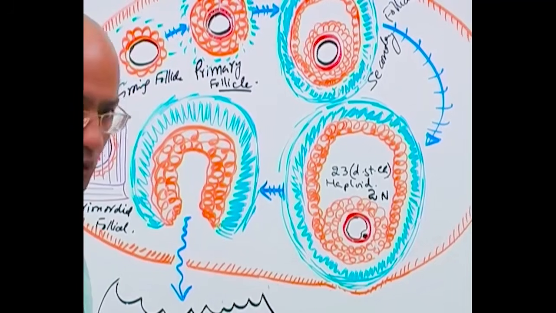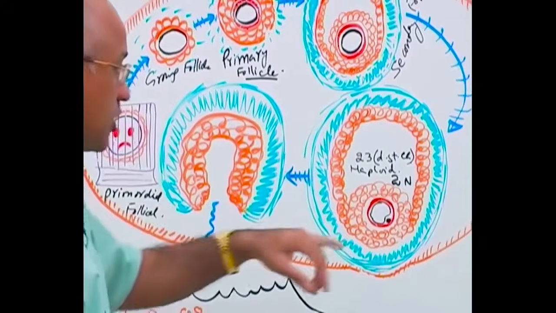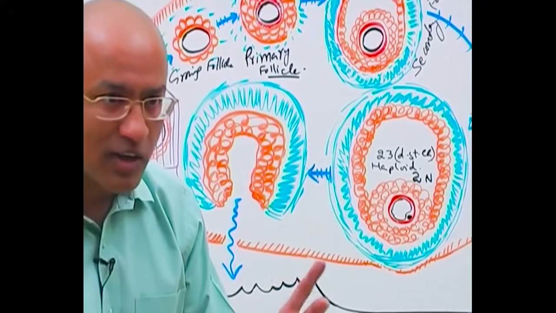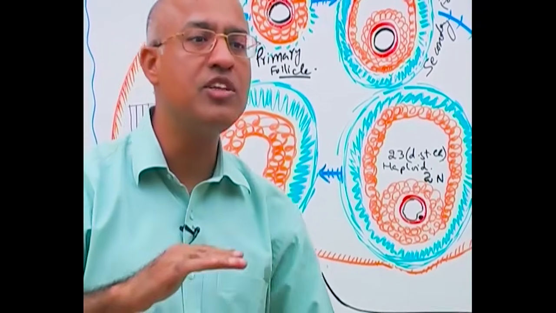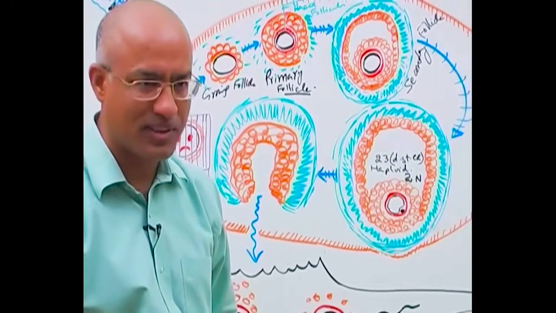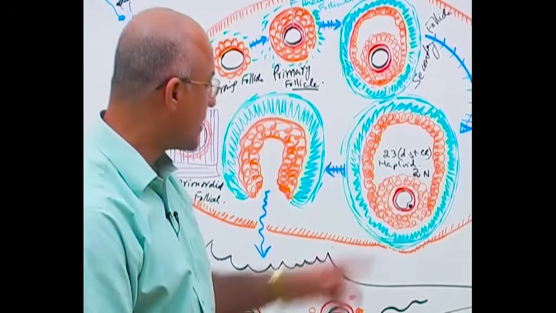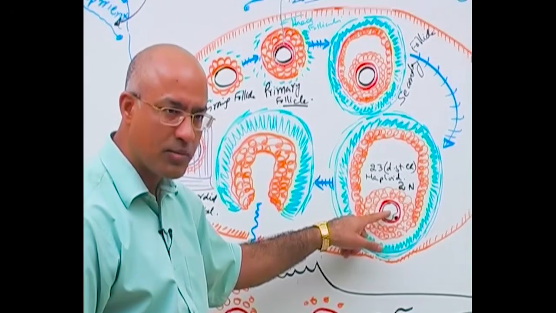This is the secondary oocyte. As soon as it is formed as a result of completion of the first meiotic division, it immediately enters into the second meiotic division.